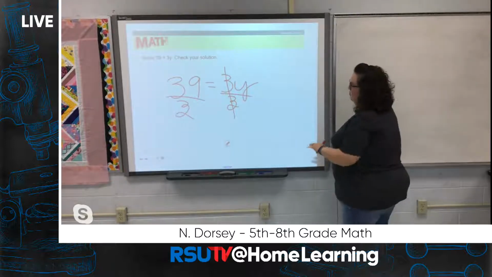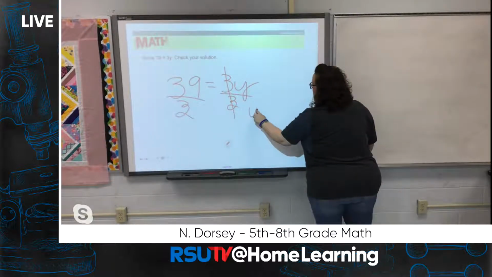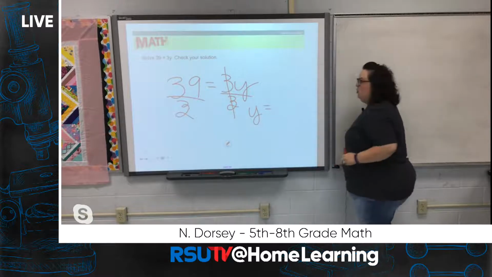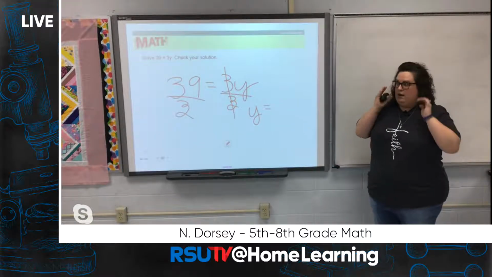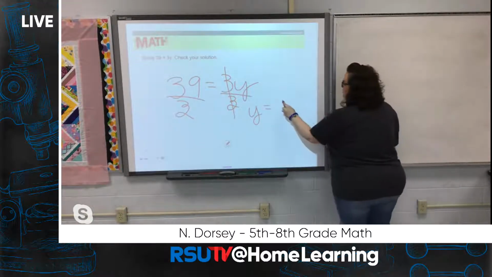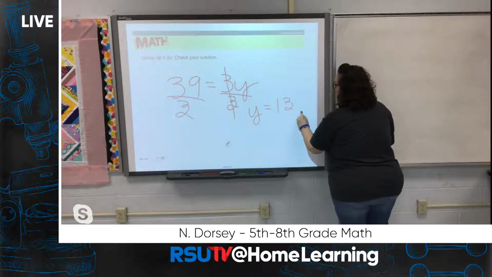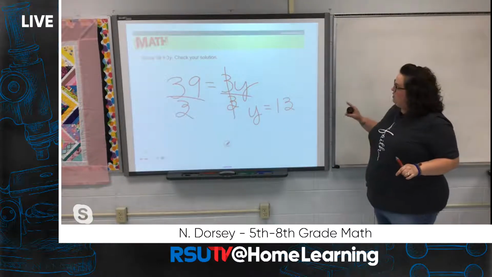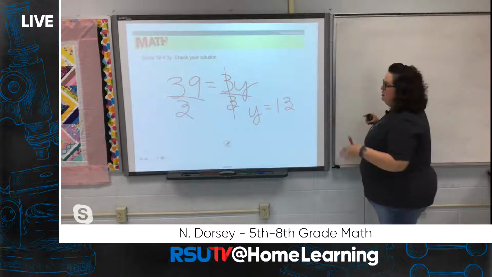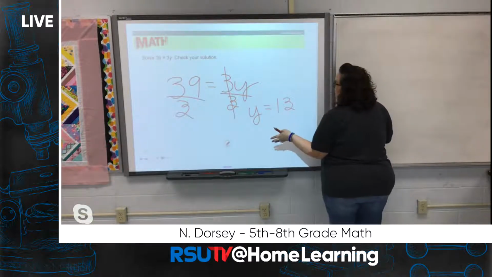And you get, I'm going to rewrite it over here, y equals, what is 39 divided by 3? It is 13. Now, how you would check your solution for this is the same way we did with the addition problem.